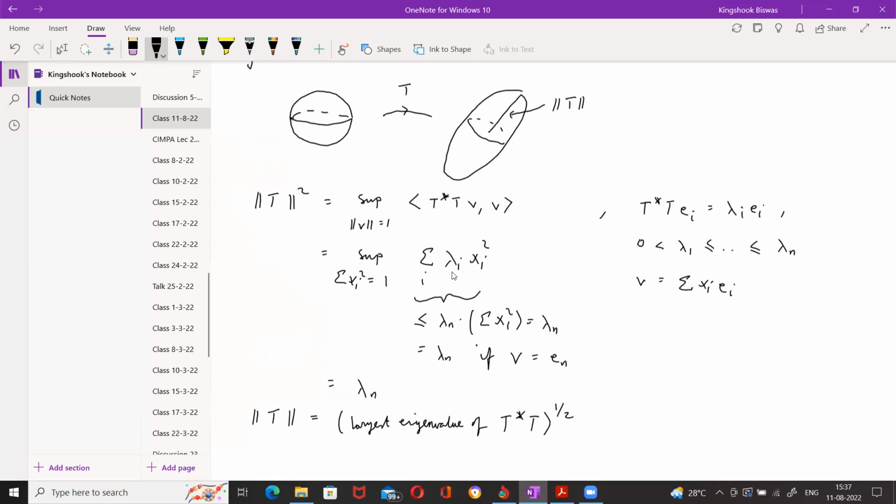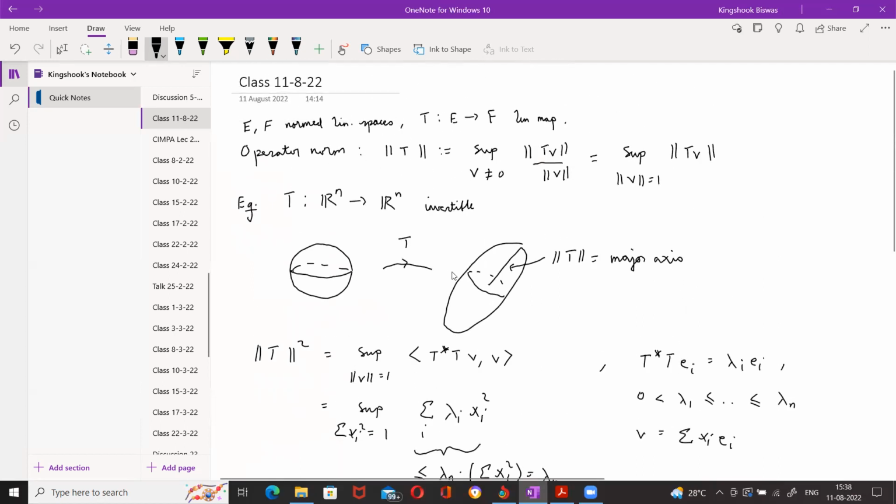Okay, so that is what this norm is in terms of linear algebra, and geometrically it's just the major axis of the ellipsoid, which is the image of the unit sphere under T. And if you look at this definition, it's the sup of norm TV by norm V. So it's the largest stretching, right? You're looking at how much T stretches vectors, the length of the image divided by the length of the vector in the domain. So this is the largest stretching of T.